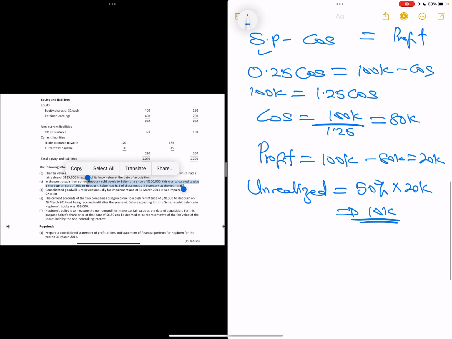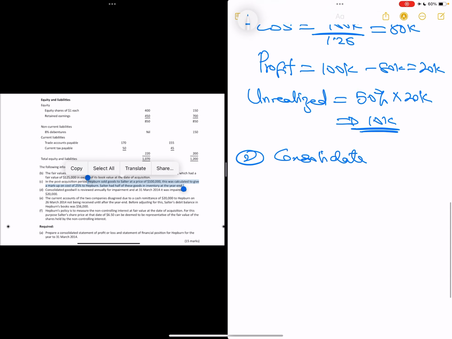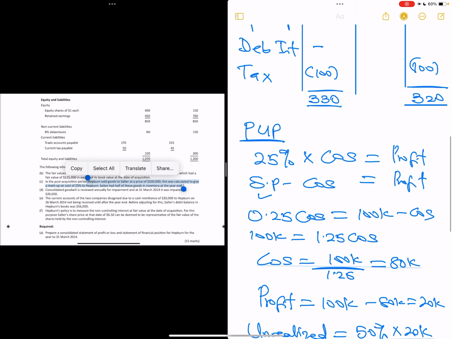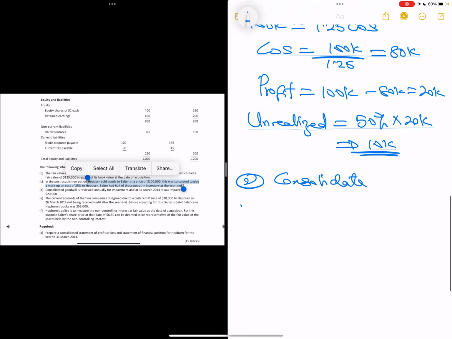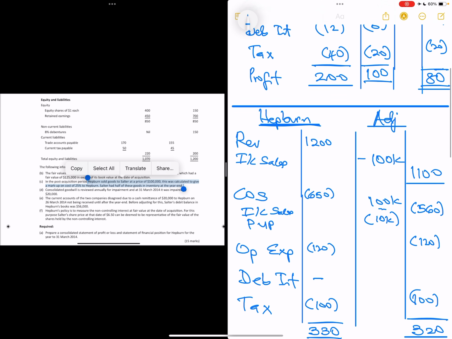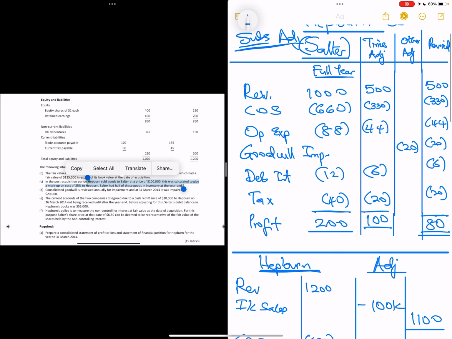Now the second step in our process is to consolidate, which is to add together. So we're going to have a list as we usually have it: revenue, cost of sales, OPEX, operating expenses. Our goodwill impairment, did we add it to OPEX or is it a different line?